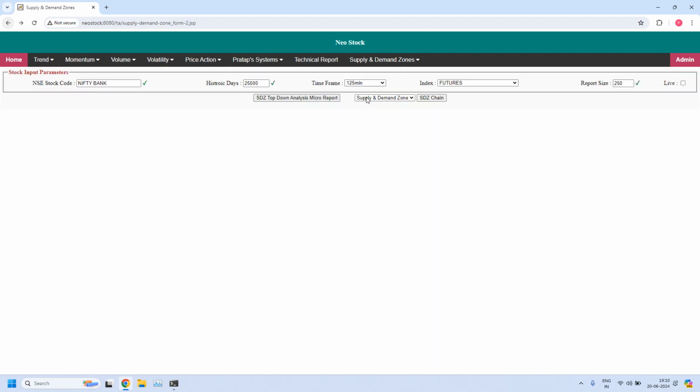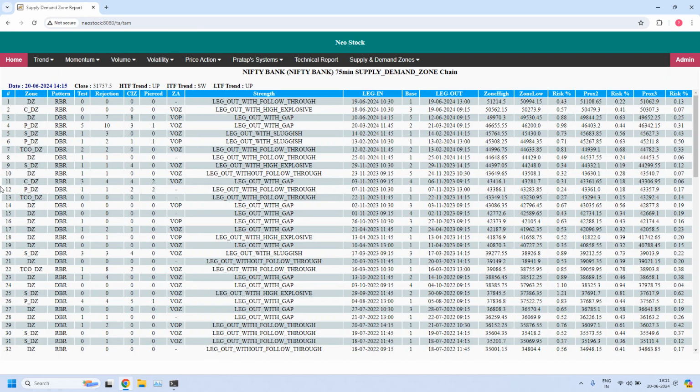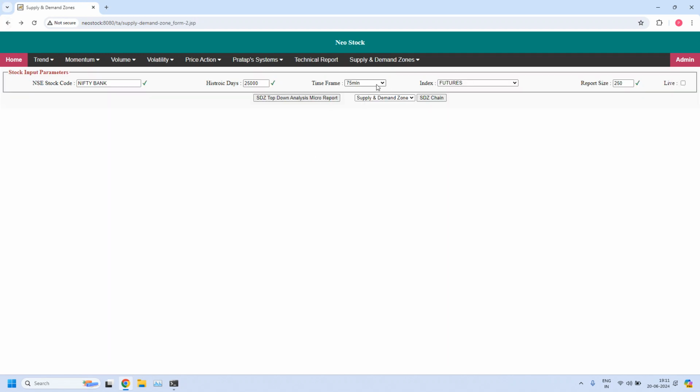So I'm going back, changing the time frame to 75 minutes and I'm generating the chain. So let me go back, changing the time frame to 25 minutes. I'm generating the chain.